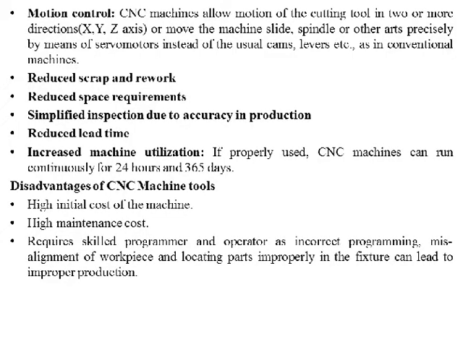Some other advantages are motion control. CNC machines allow the motion of the cutting tool in two or more directions, and the machine slide, spindle and other parts are precisely controlled by means of servo motors instead of cams and levers as in conventional machines.